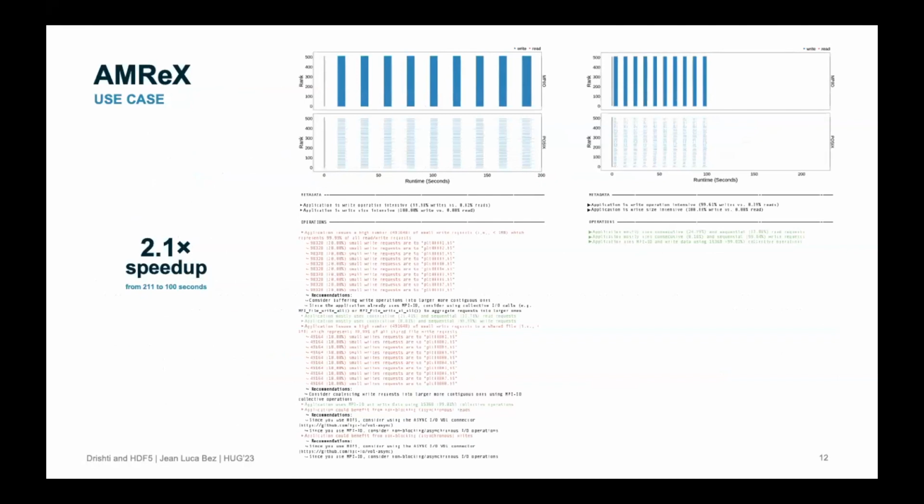The original version had several problems in terms of all the files it accessed, and some of the things that were supposed to change, including, in this case, using the asynchronous VOL connector to hide some of the computation that was happening between the data writes. And on the right side here, where we got the 2.1 speedup, you can see Drishti's final report after optimizing the application with all the suggestions.